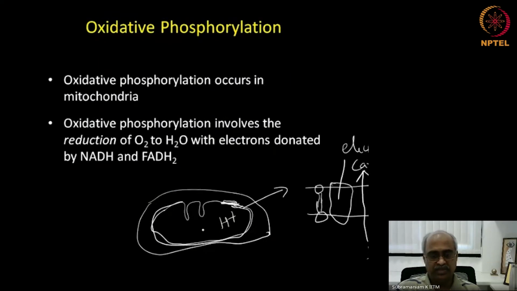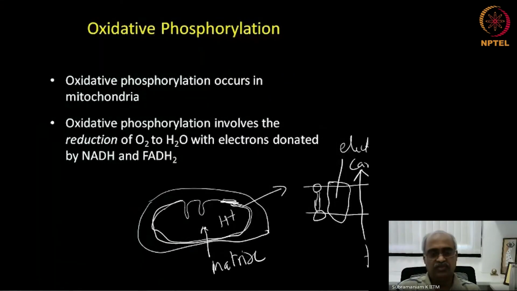from this inner side, which is called the matrix, to the intermembrane space. It is normally called intermembrane space because it is the space between two membranes.